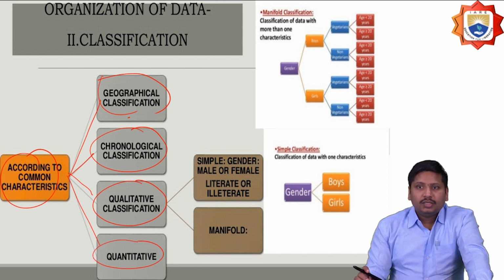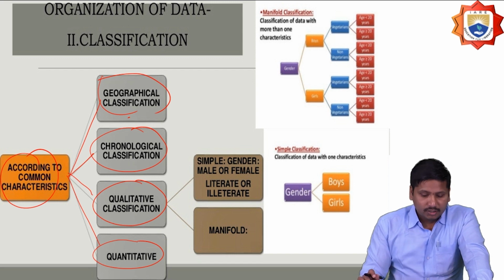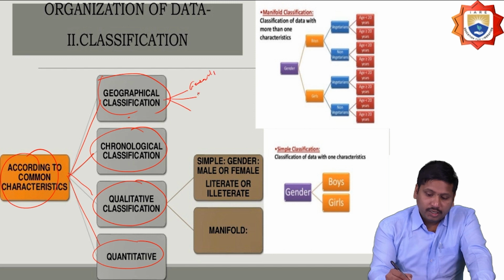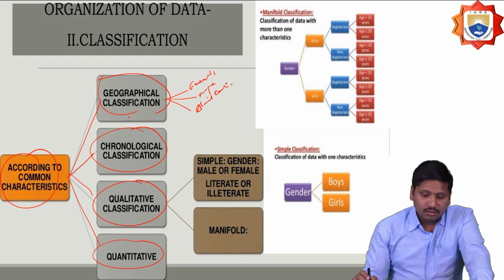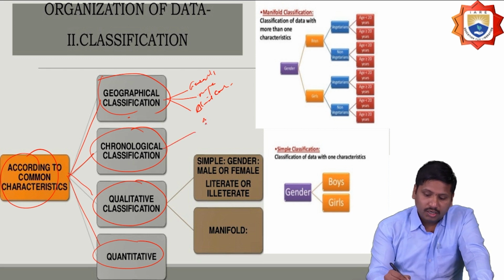Like this we can divide or organize the data. Geographical classification deals with geographical data like maps and climate conditions. Chronological classification is where you organize the data in the form of a serial order.